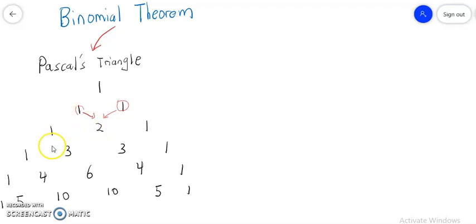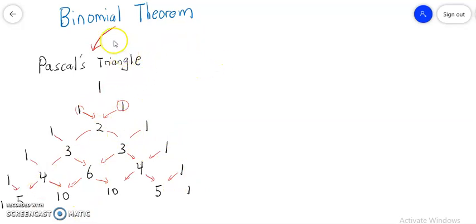So that's how they got here. 1 and 2 you have 3, 2 and 1 you have 3, 1 and 3 you have 4, 3 and 3 you have 6, 3 and 1 you got 4, 4 and 1 you got 5, 6 and 4 you have 10 each, and 4 and 1 you have 5, and the list will be going on and on.